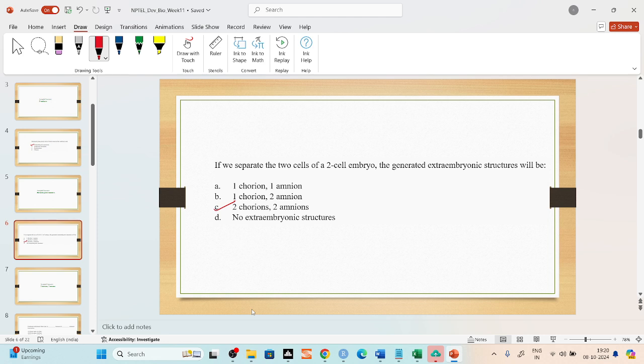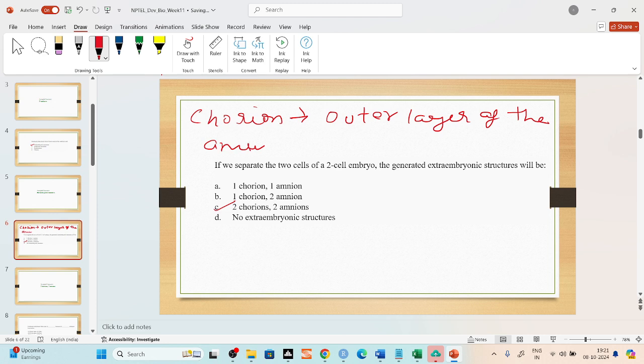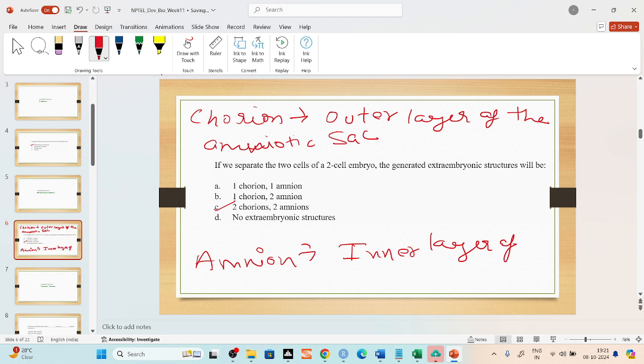So chorion is the outer layer of the amniotic sac, and amnion is the inner layer of the amniotic sac.